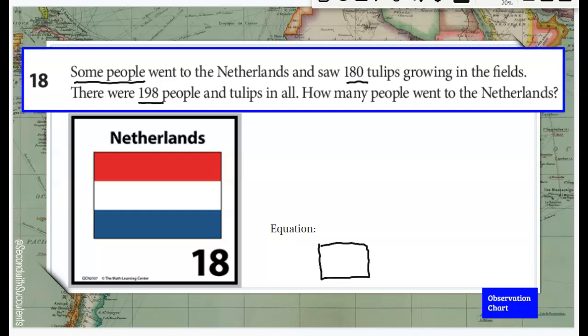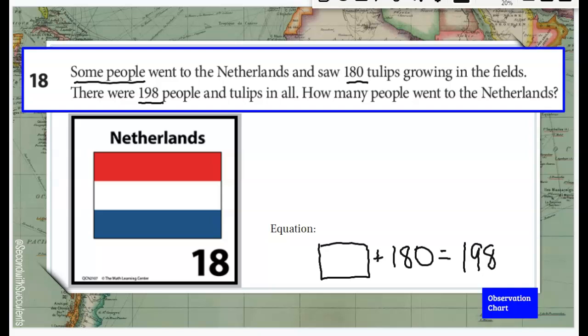Some people went to the Netherlands and saw 180 tulips. There were 198 people and tulips in all. What does this problem want to know?